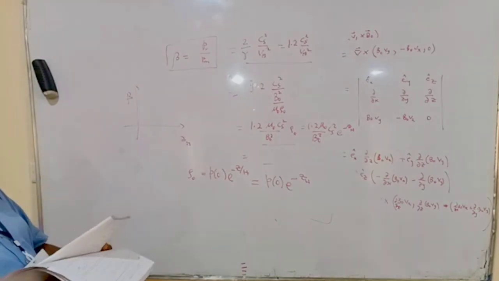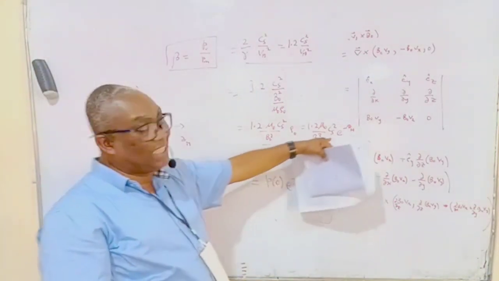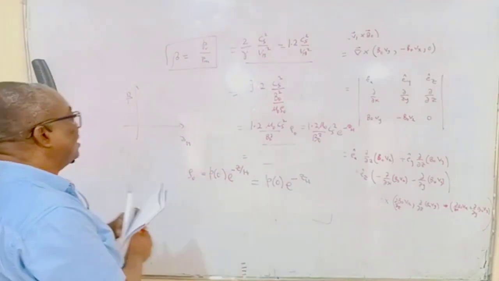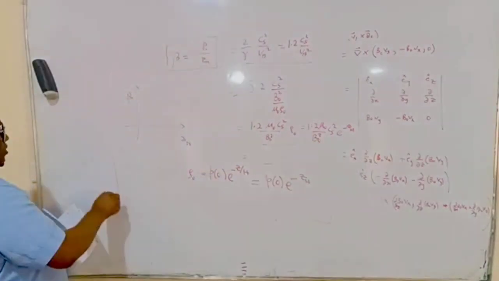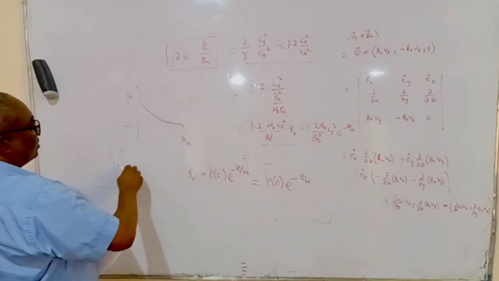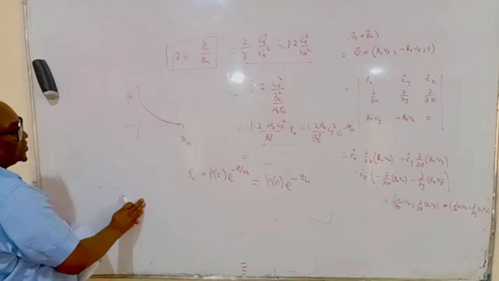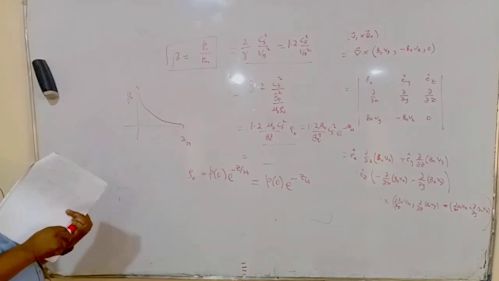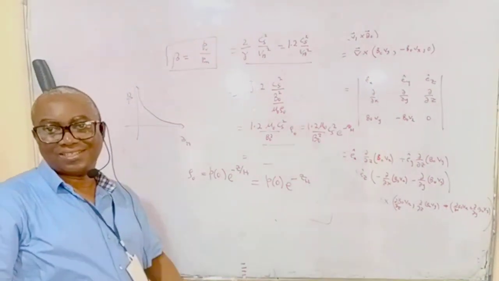And then because of the presence of the exponential, it will not tend to 0 easily. The value should go like this. You see that?